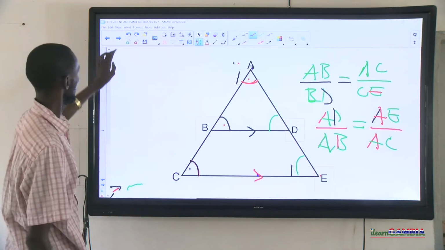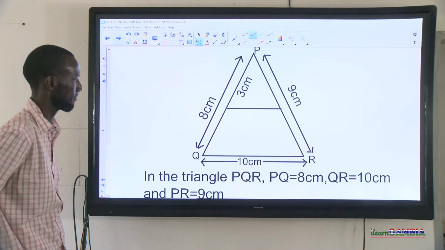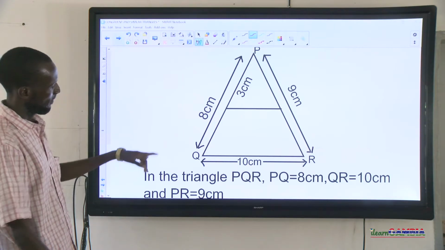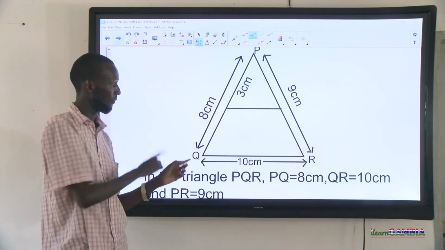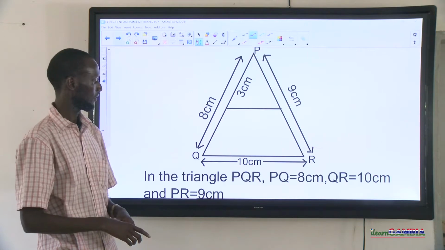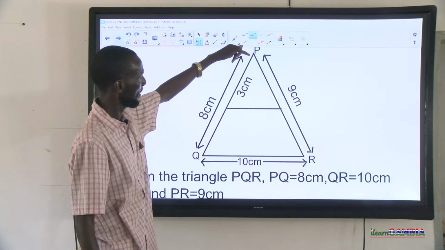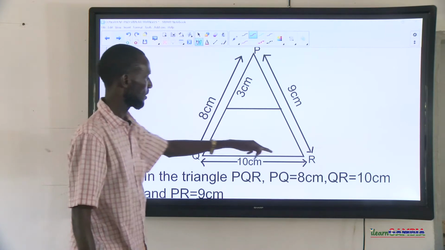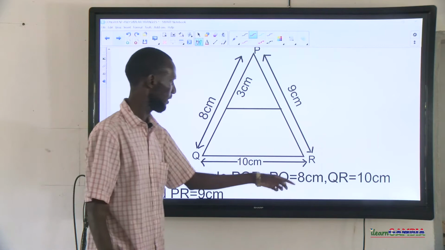Now, let's put this into use. Let's look at an example here. We have a triangle which is very similar to what we just explained, but now we have some sides given and some sides are missing. This is triangle PQR, all right, where we are told that PQ is 8 centimeters.